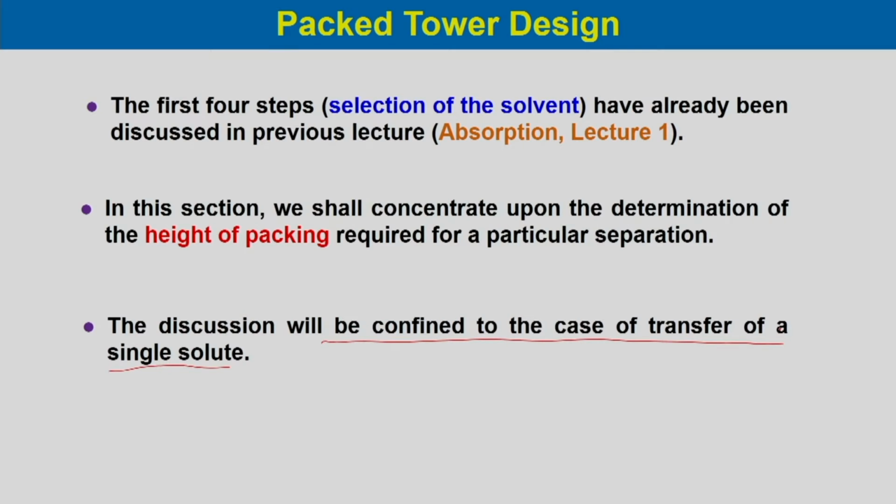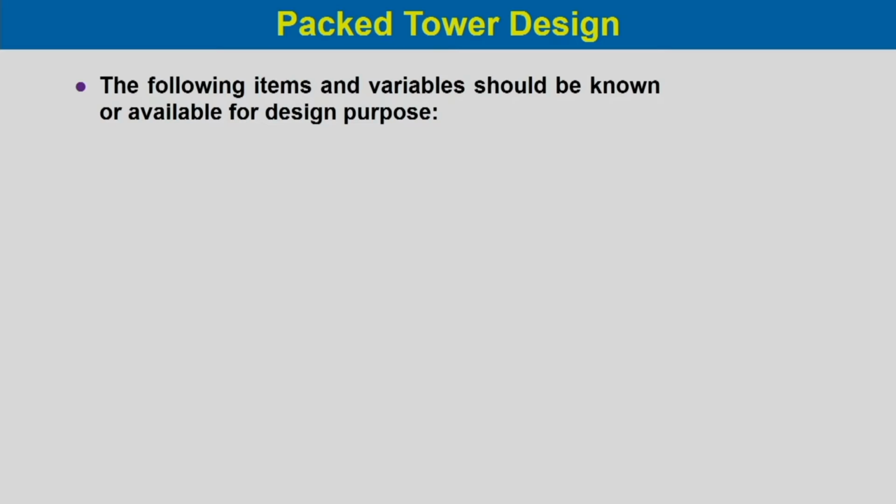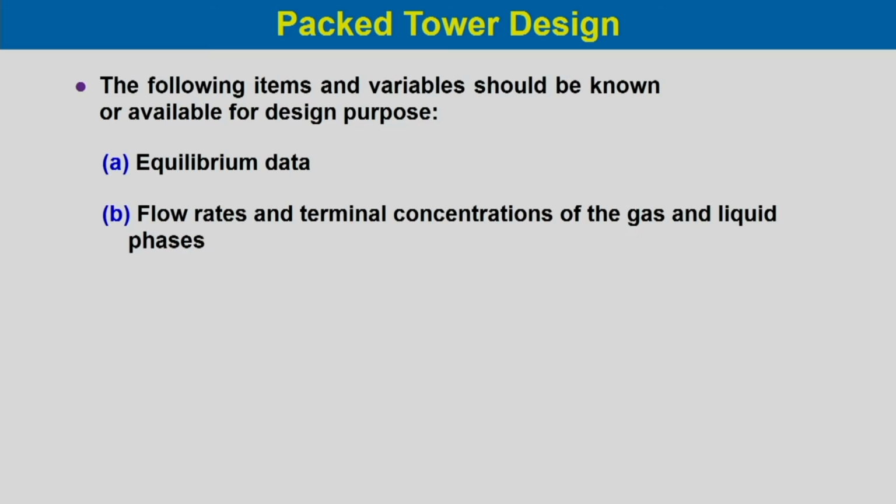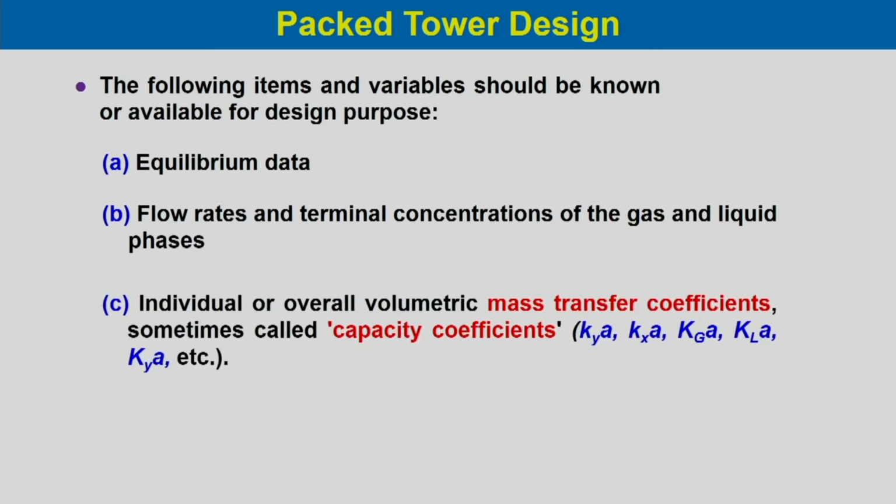Mostly we will consider single solute transfer and how the height of the packed tower required is to be calculated. The following items and variables should be known or available for design purposes. What are those parameters or variables? That is, equilibrium data should be available with us. The flow rates and the terminal concentrations of the gas and liquid phases should also be available.